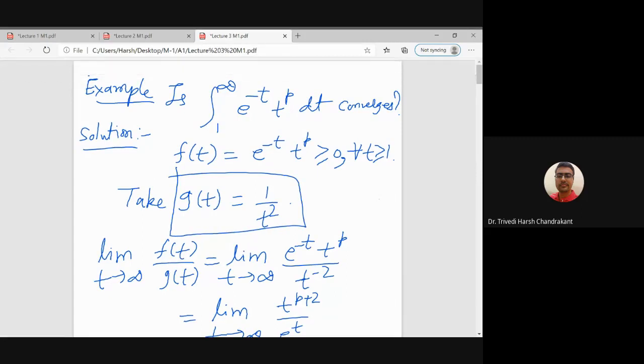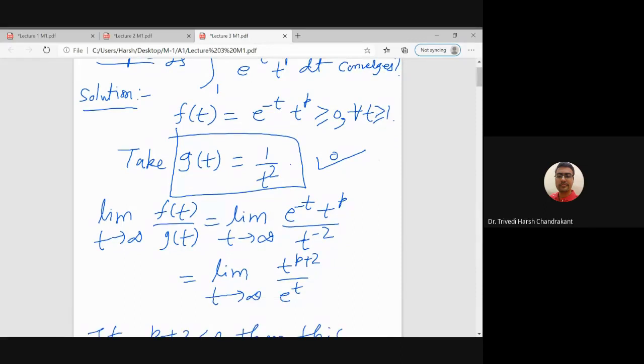Why are we taking 1 upon t square? Because the integral of 1 upon t power p converges when p is greater than 1. So this integral of g(t) converges, and I want to compare the given function with g(t) using the limit comparison test. For that we have to find the limit of the quotient.